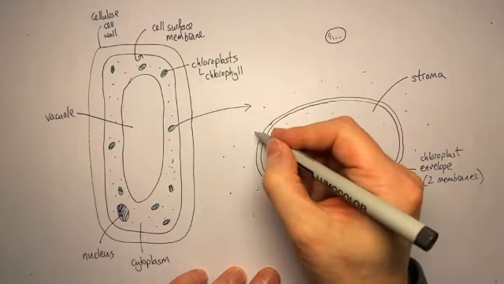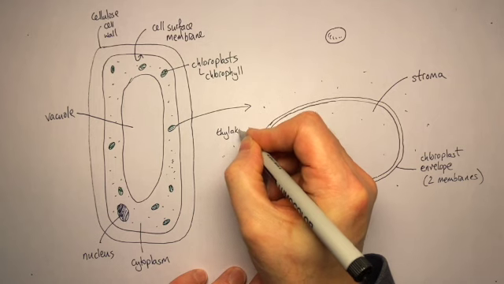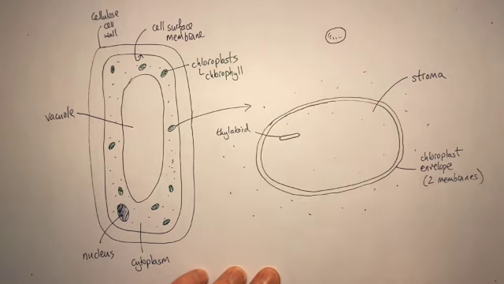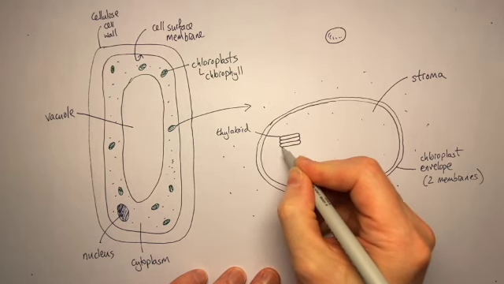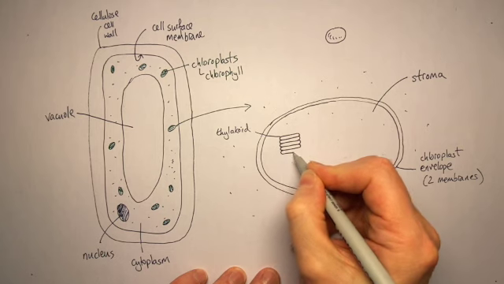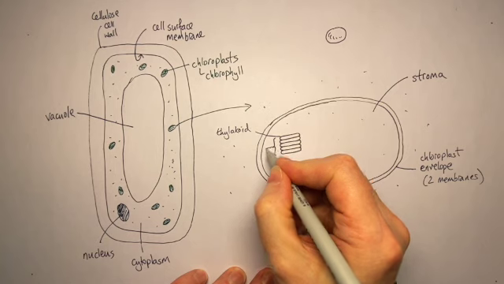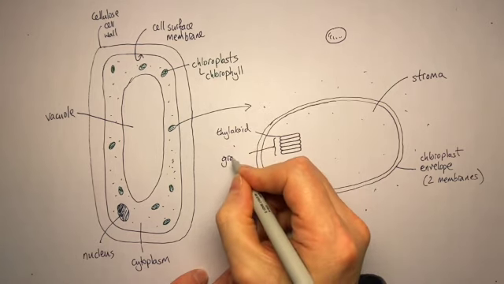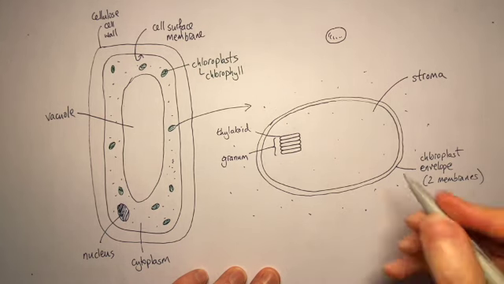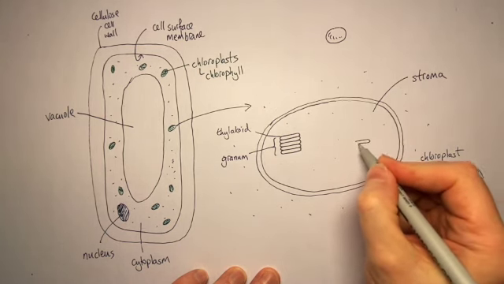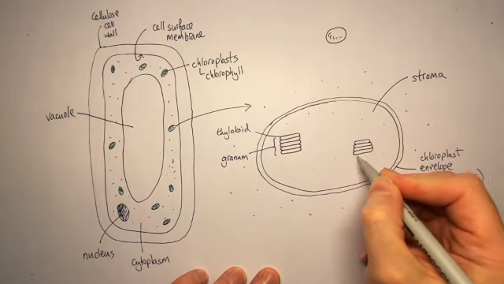And so that there we call a thylakoid. And what happens is that we have a number of these thylakoids stacked on top of each other like that. And when we have a stack of thylakoids, we call that a granum. And in a chloroplast, there are usually a number of grana spread around.